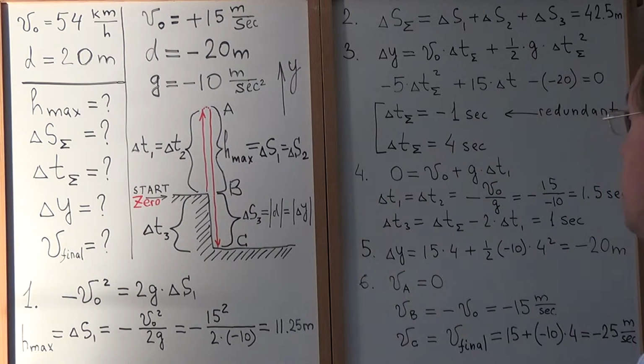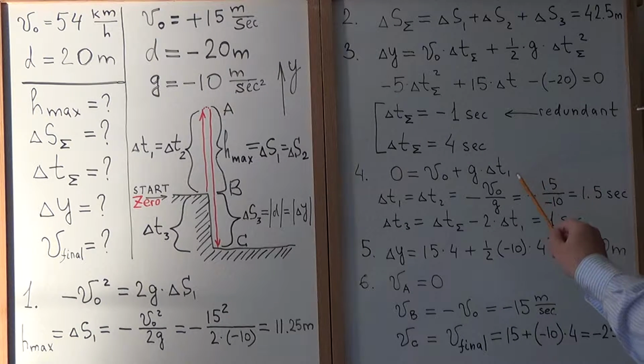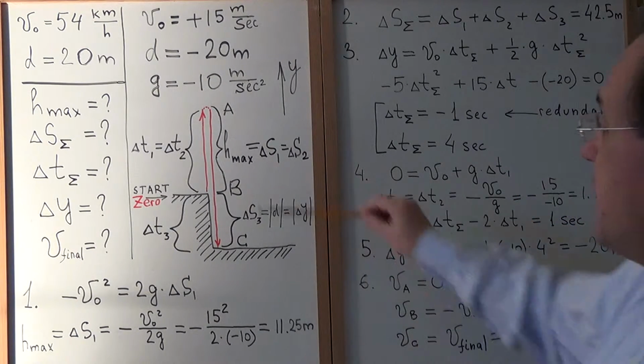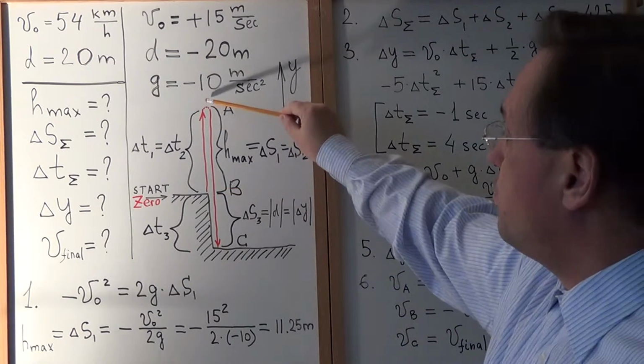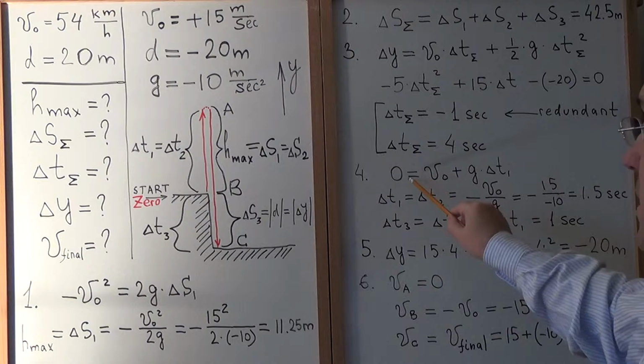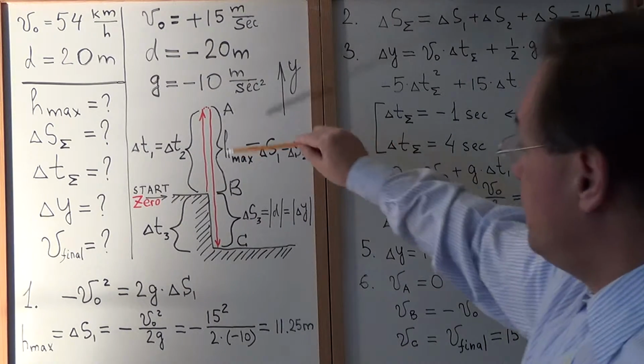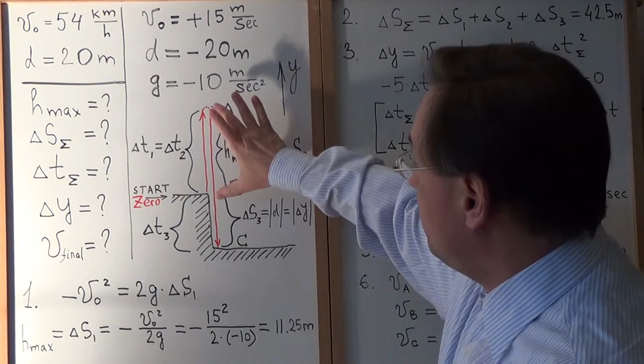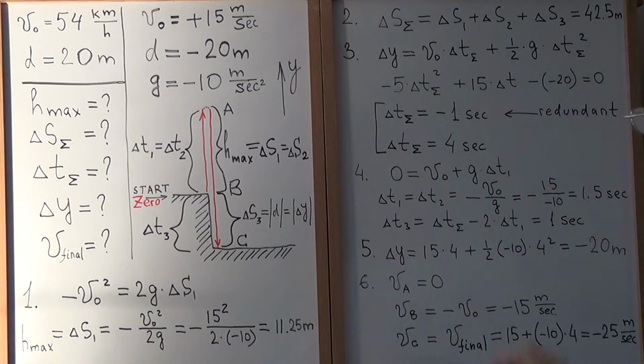Number 4. Let's find delta T1, time from start to point A. We use the standard formula. Final velocity at point A only for this piece is 0.